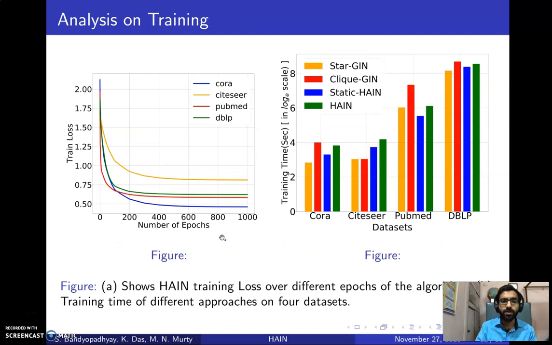We do some analysis on the training. Here we see how the training loss converges with different epochs of HAIN. And in this plot we have shown the training time of HAIN on different datasets along with its variants. HAIN is not computationally expensive compared to its model variants.